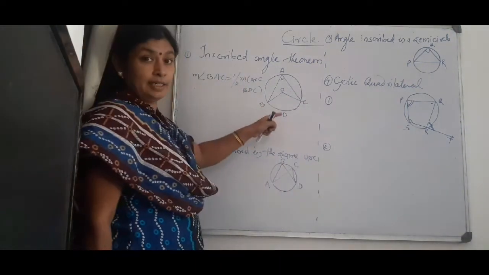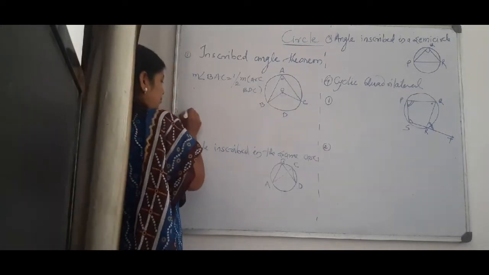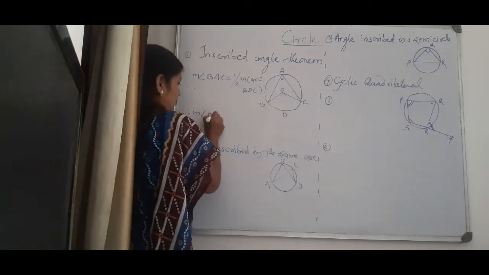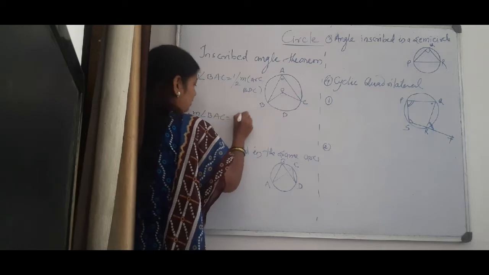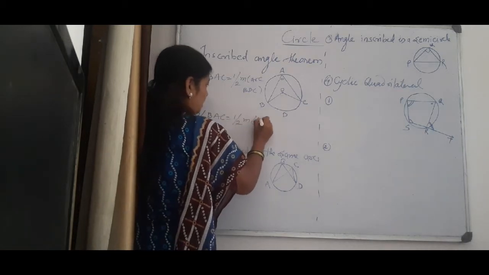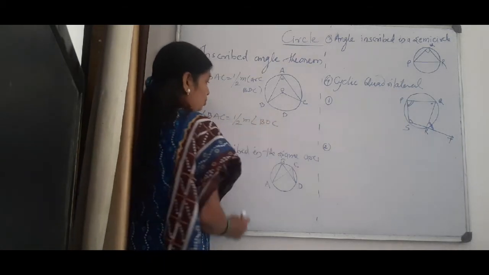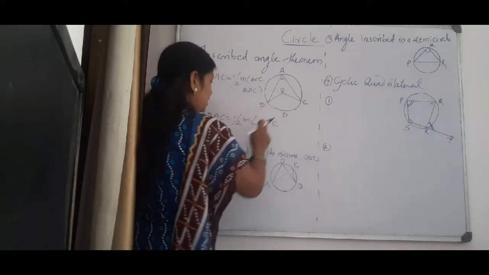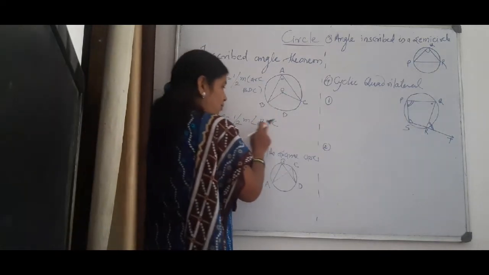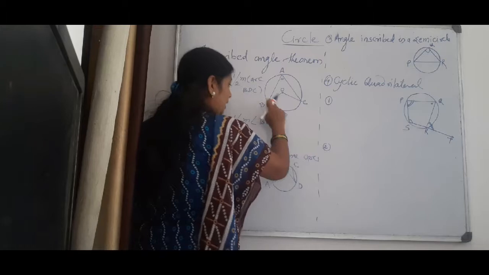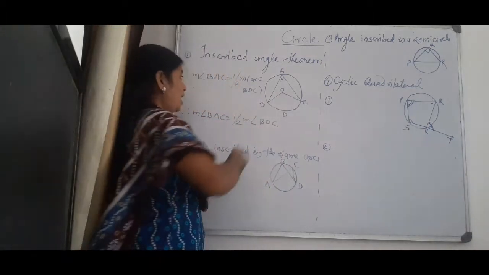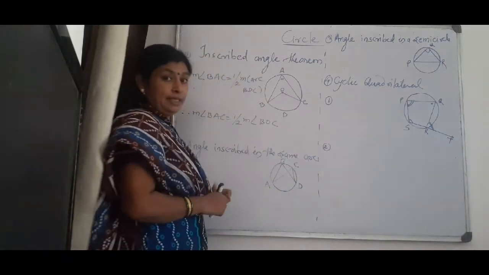We have already studied it, and therefore measure of angle BAC is equal to half of measure of angle BOC. If the central angle is given, you have to take half of the central angle, and if the arc is given, you have to take half of measure of arc BDC.